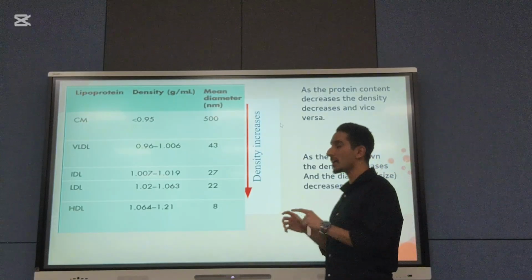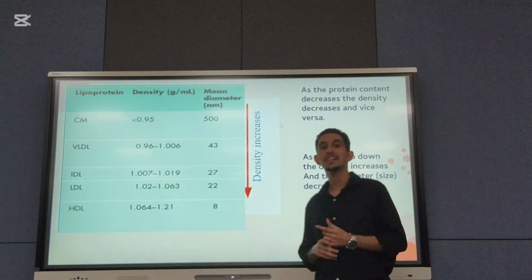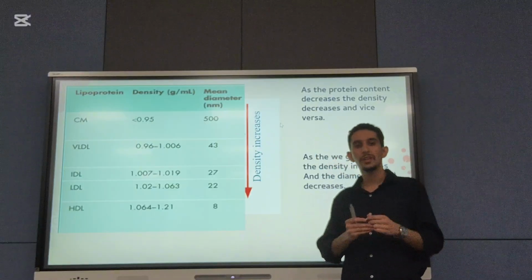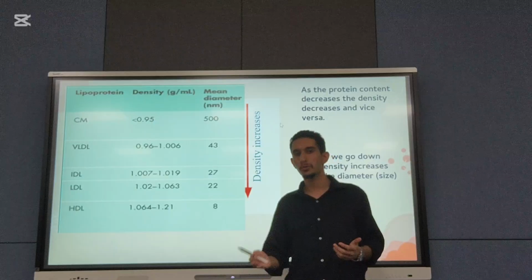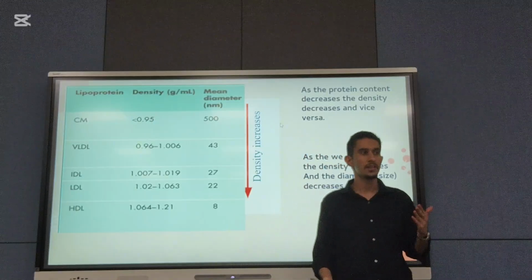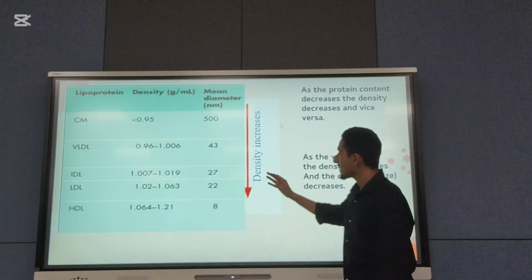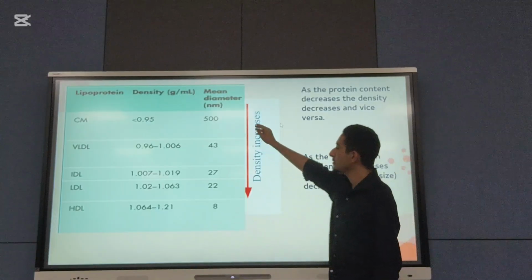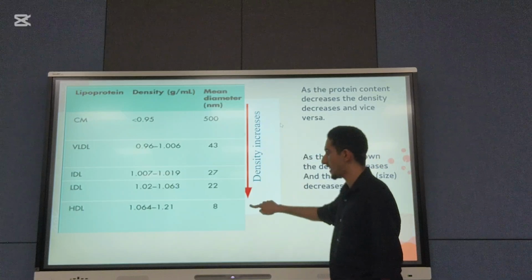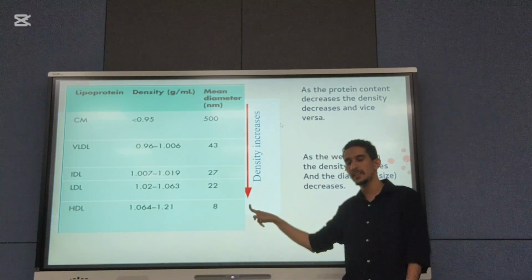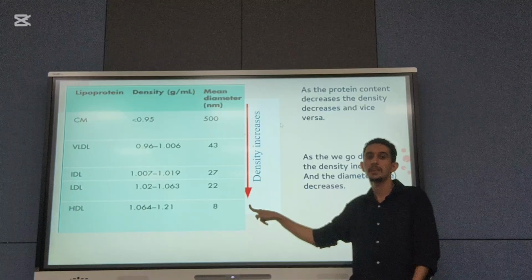What determines the size of the lipoprotein is the lipid. So what determines the density is the protein content. What determines the size is the lipid. So as a general rule, when we move from chylomicron to HDL, the density increases.